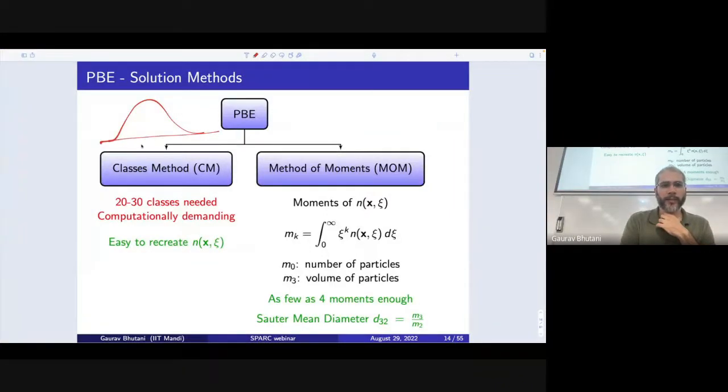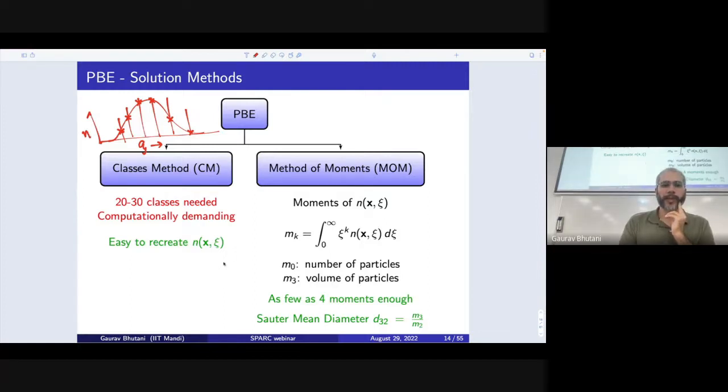On this size axis, I say, let me break it into some representative classes. I will represent each class with a corresponding number of particles. A number, of course, is an integral over an area. I'm just presenting values here, but this is your small n.